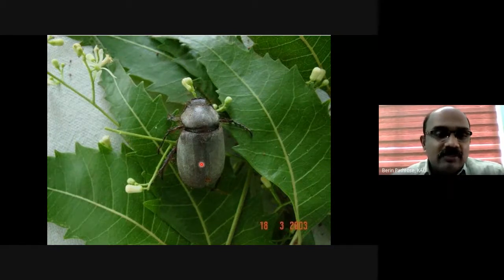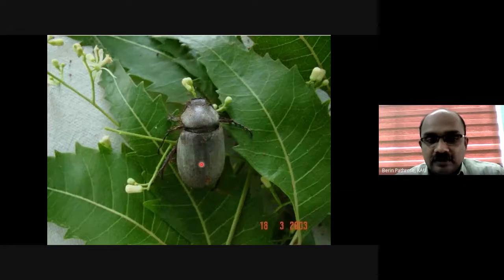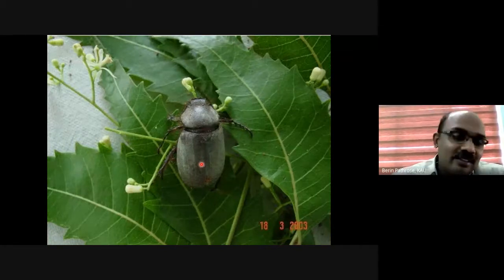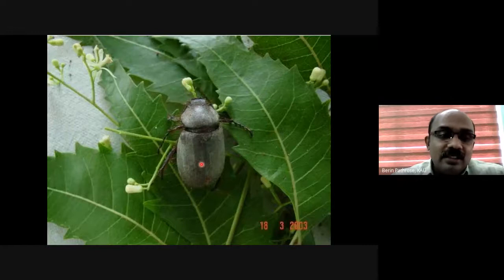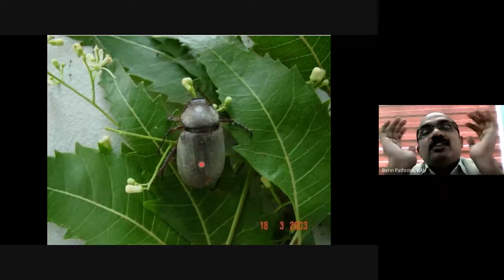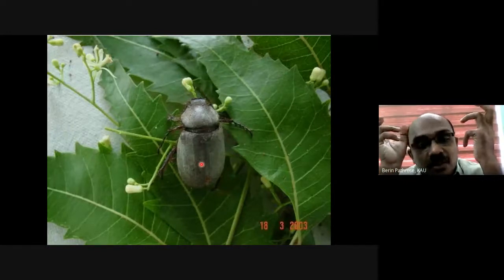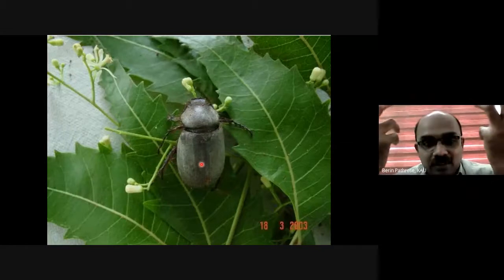Can someone identify this leaf? Which plant is it? Anyone? Yes, neem. Good. So these adults, after emergence from the soil, prefer to congregate on plants such as neem.